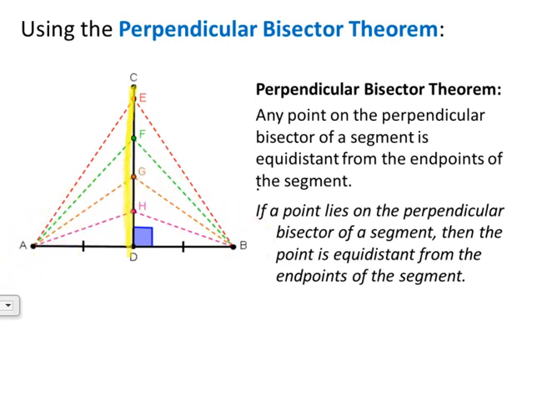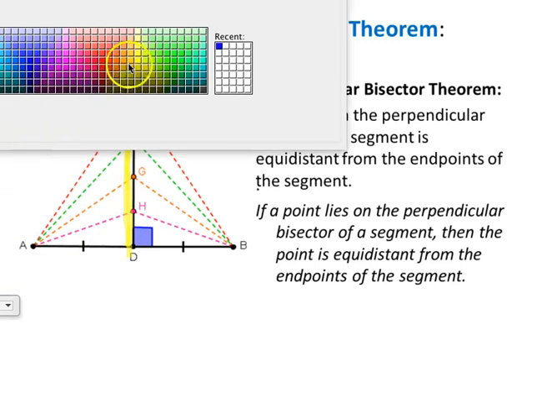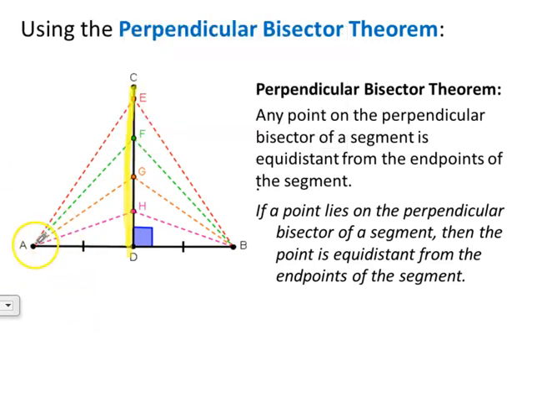So what that's saying, I'm going to go ahead and highlight maybe in orange. We'll focus on this one. So here we've got a point G on our perpendicular bisector. So this point has to be equidistant from the endpoints of the segment that the perpendicular bisector intersected.